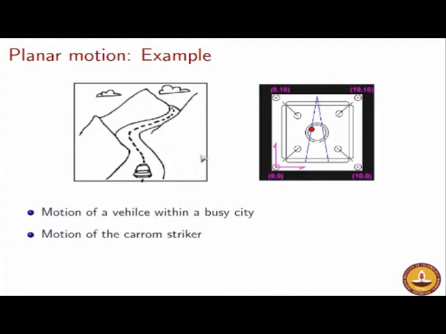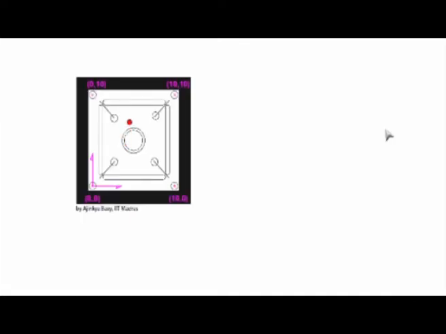A better example that we have concocted is that of the motion of a carom coin, and I think we have an animation. Yes, so here you see, as you play carom in your hostels, this is the red coin which is moving through. To describe the motion of this red coin, you cannot use a single variable x, because the coin is moving leftwards, and it is also moving from top to bottom.